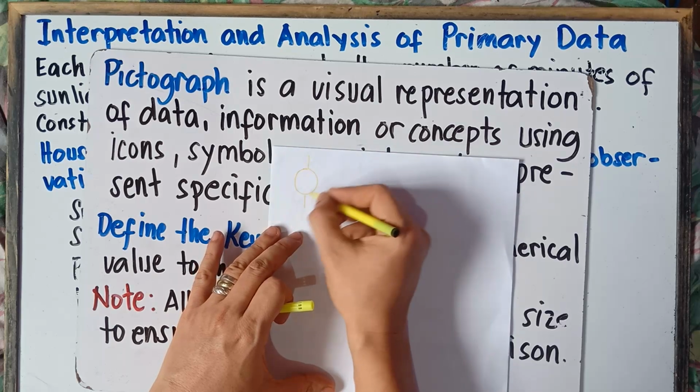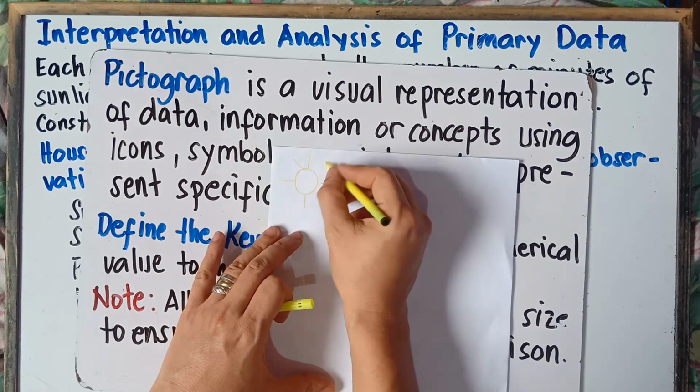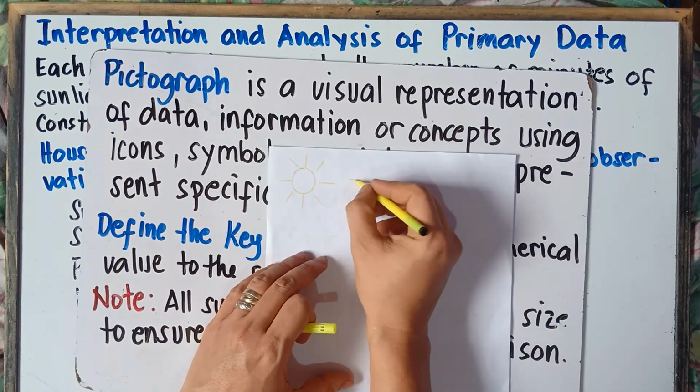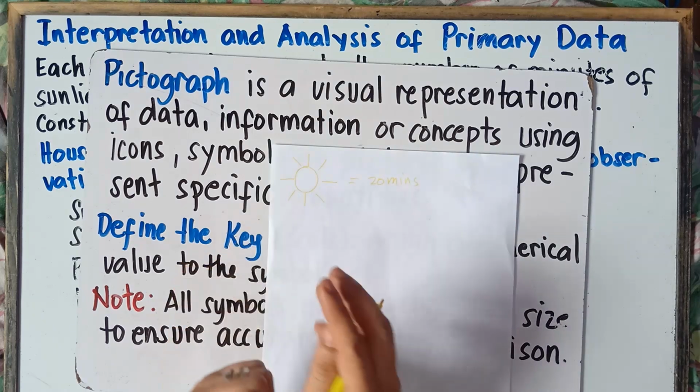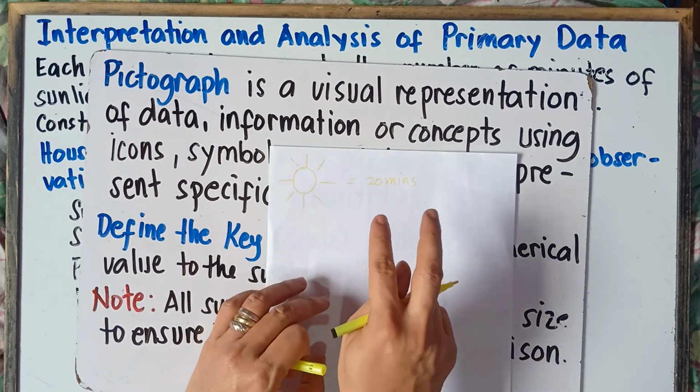Alright, so you can draw this sun, and this sun will be equivalent to 20 minutes. So we can say, using a pictogram, one sun is equivalent to 20 minutes.